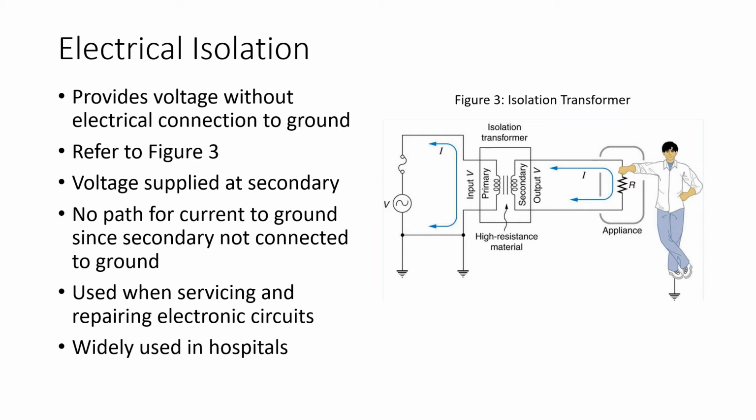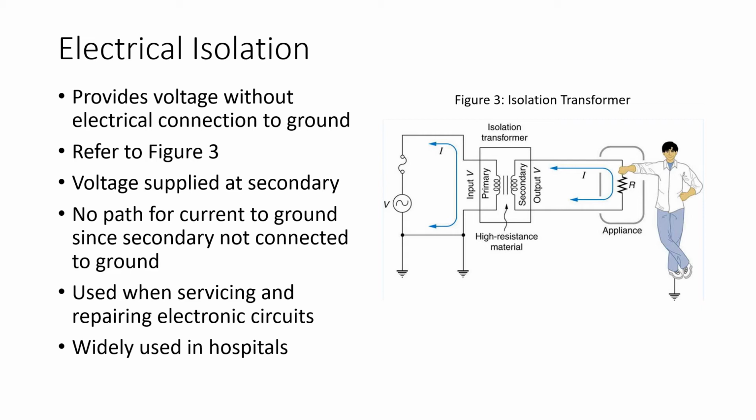Now, with our isolation transformer, we have a 1-to-1 turns ratio, meaning that NP equals NS. Therefore, VP equals VS. So if I apply 120 volts to the primary, I'll obtain 120 volts at the secondary.